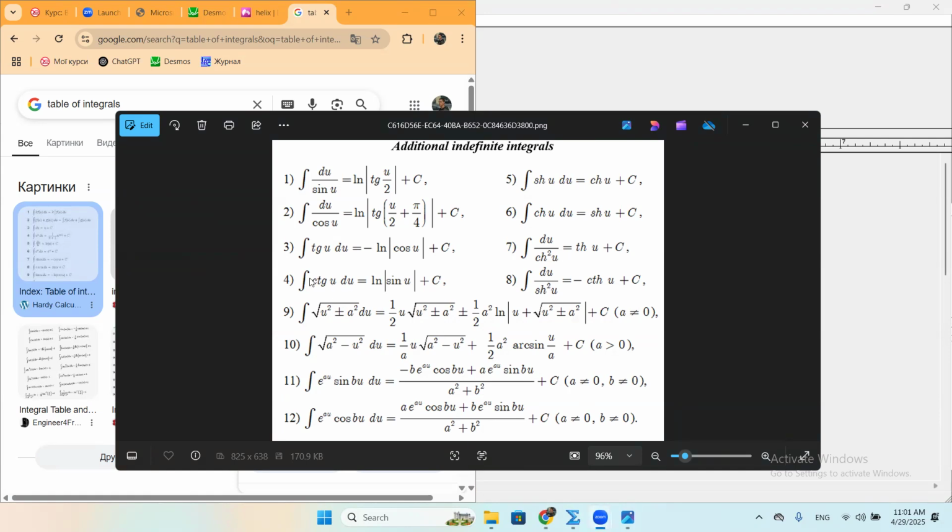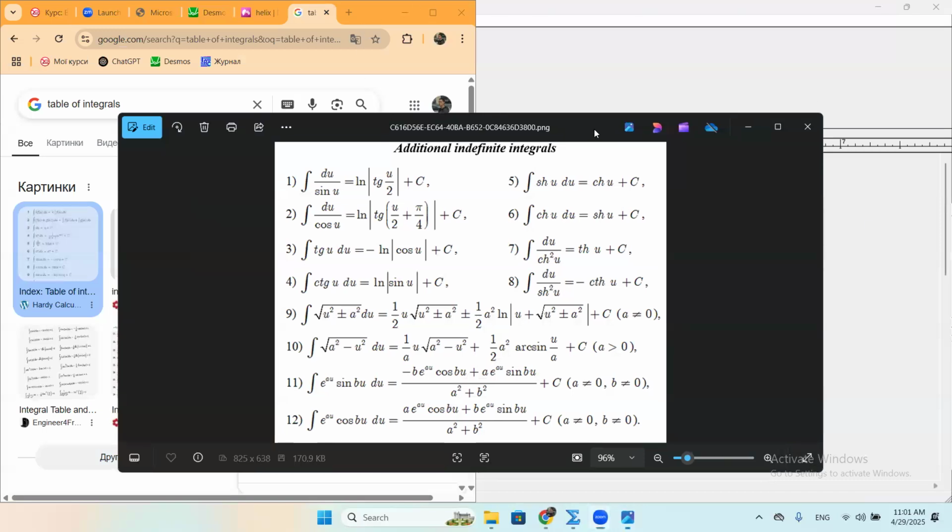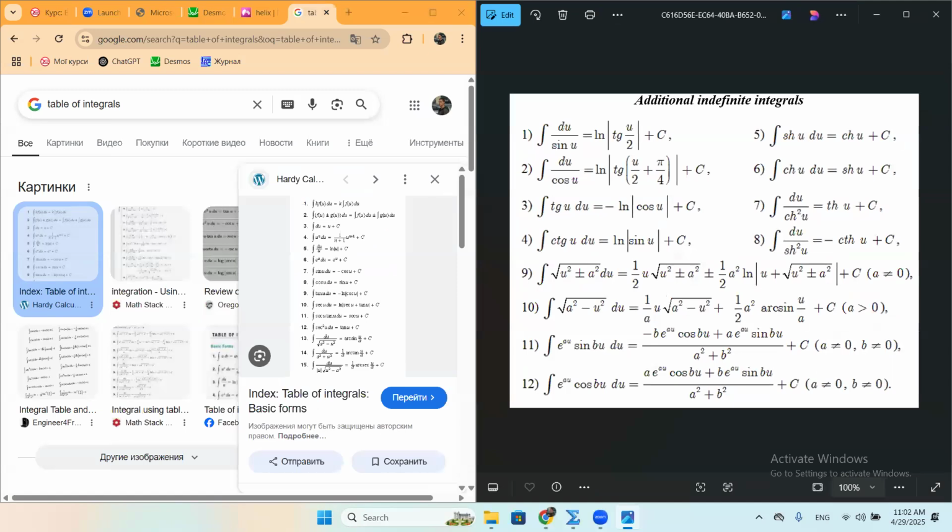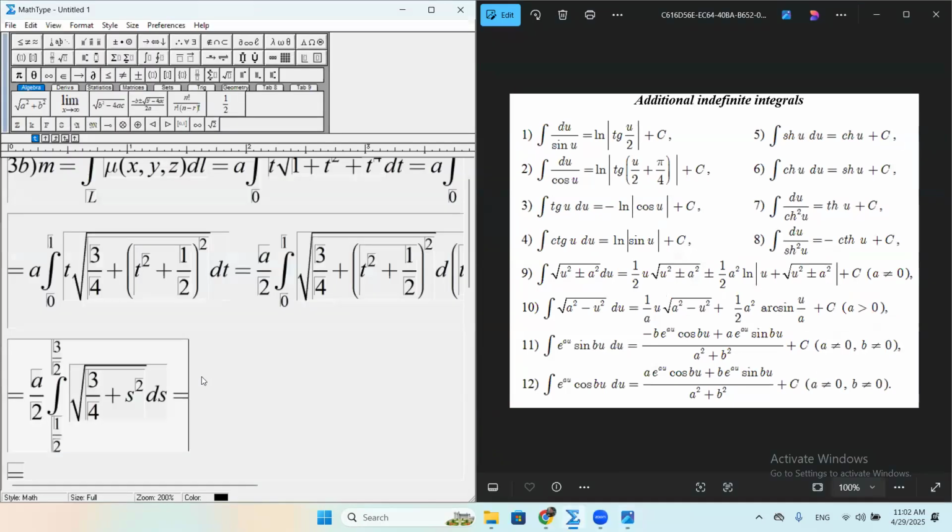Yeah, so we will use this integral: square root of u square plus a square. Okay, let's rewrite it. Let's calculate it. So a over 2 multiplied by the following integral.